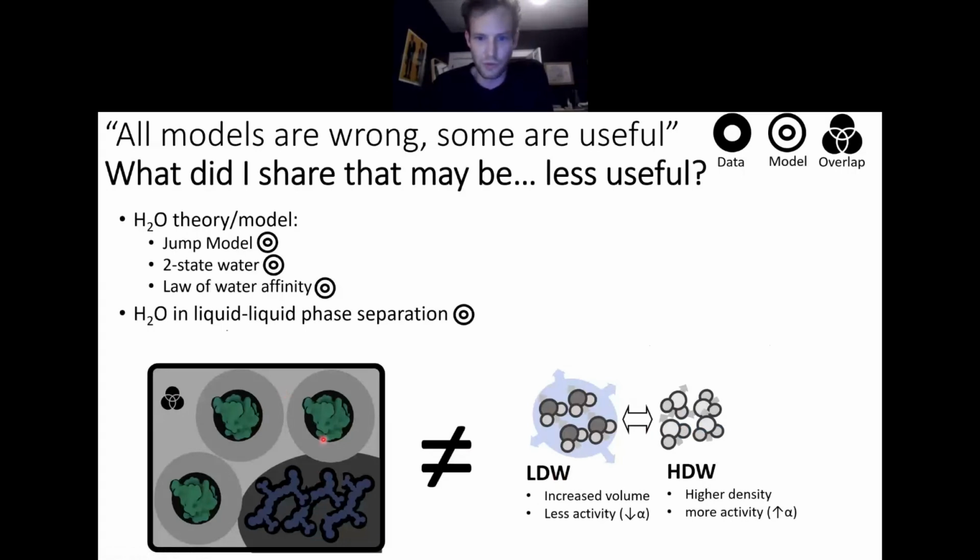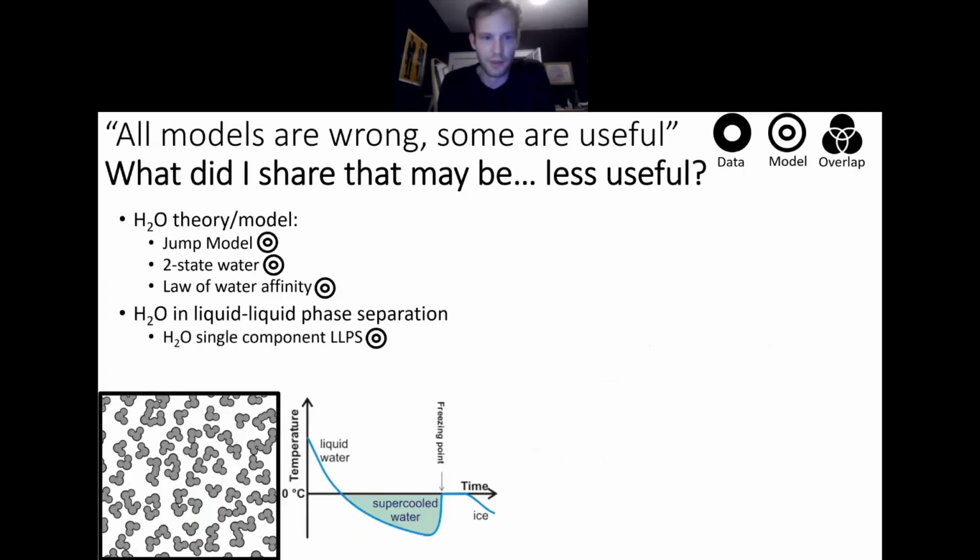I'm not trying to equate the granules to all low density water or high density water. Maybe there's a different ratio, or in general just a difference. I think the only thing I want to get across is that there is a difference inside and outside the granule in how the water behaves. But I'm not trying to say it's anything in particular. But when we're looking at phase separation, we're always looking at water and a protein, which is two components.